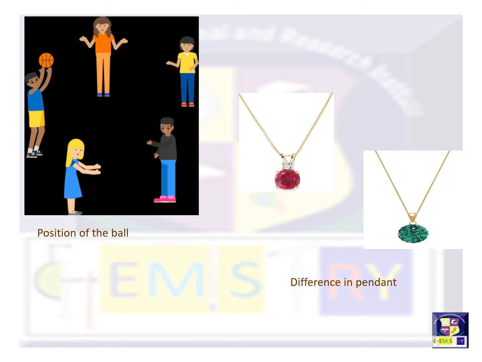Likewise in position isomers, the position of the carbon to which the functional group is attached differs. In the case of functional isomers, the chain is the same, only the color of the pendant is different. Likewise in functional isomers, only the functional group will be different in the two isomer compounds.